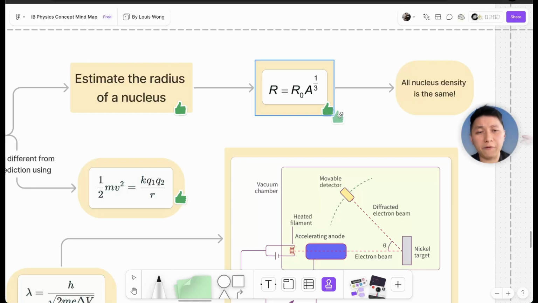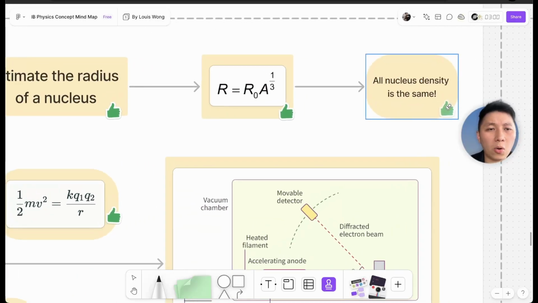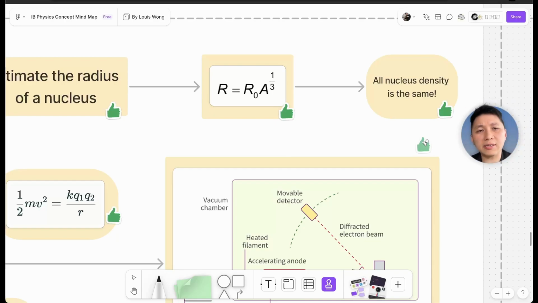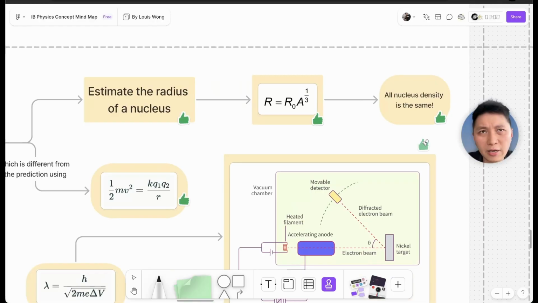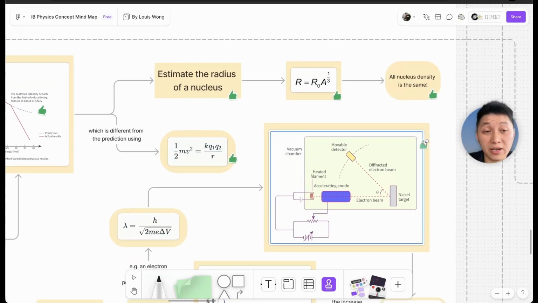R0 is the Fermi radius, which is a constant found by the scientist Fermi, of course. And the consequence of this, interestingly, is that all nucleus densities are actually the same. So no matter whether you have hydrogen or uranium, their densities are actually the same. We're talking about their nucleus, not the atom.